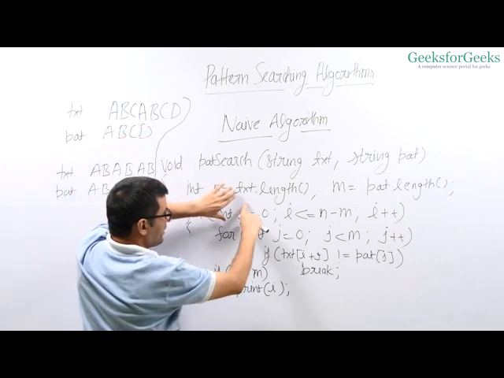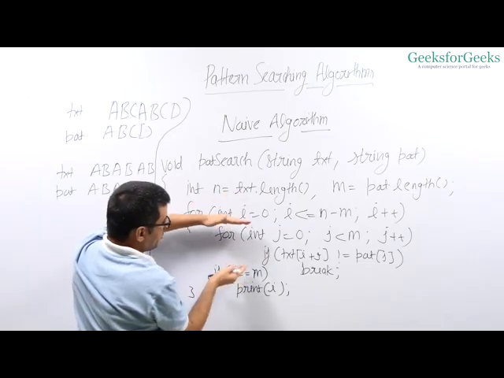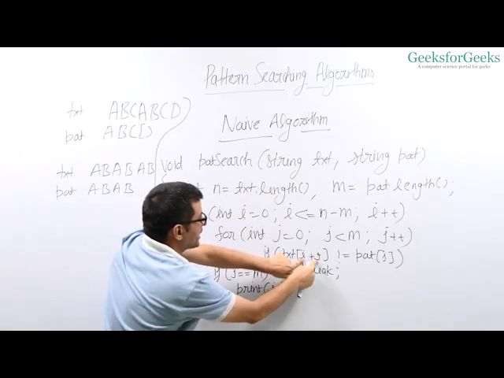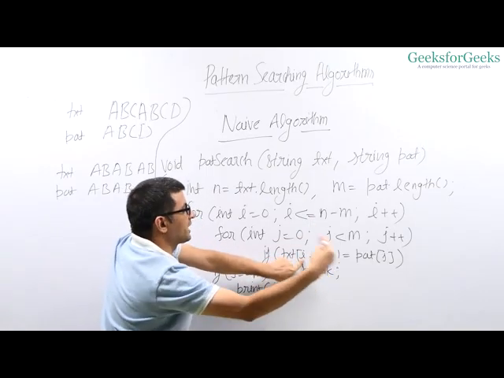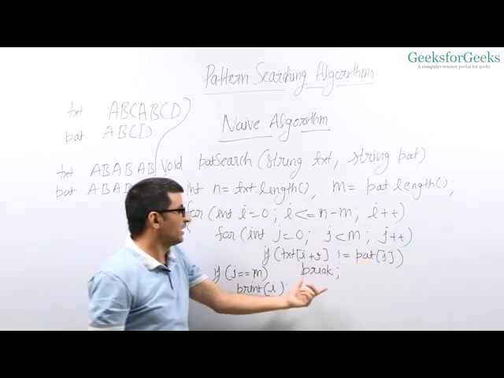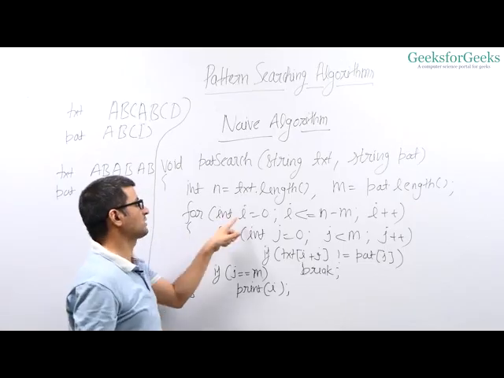Now, when we are at this window, at the ith position of the text, we match all the characters of the pattern and text. For the text, we use index i plus j because we are at our ith position. After the ith position, we are matching the jth character with the jth character of the pattern. As soon as we find a mismatch, we break this loop so that we can move to the next window, right?